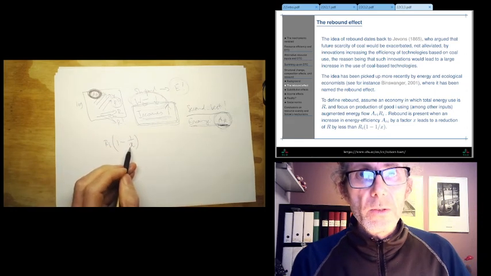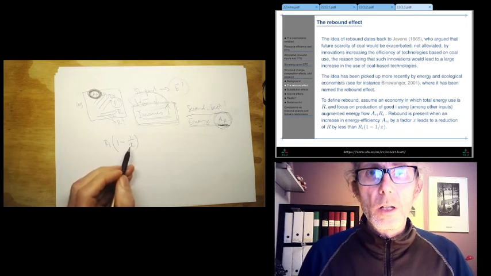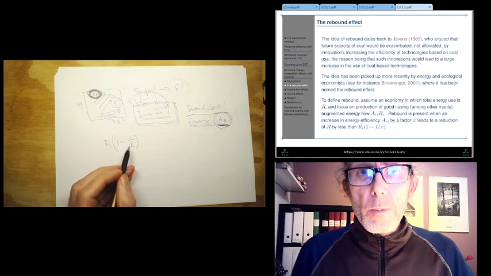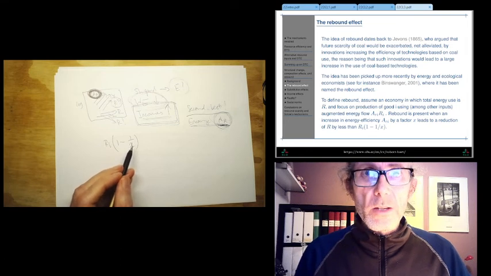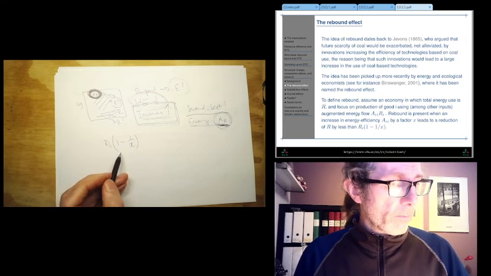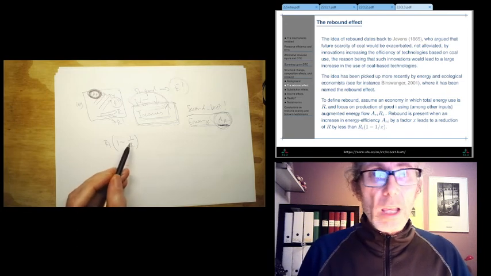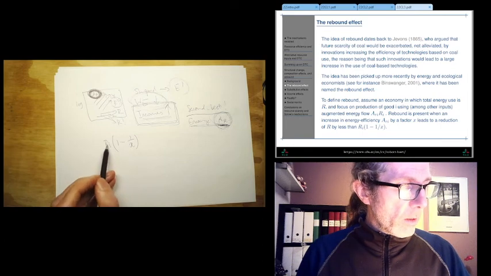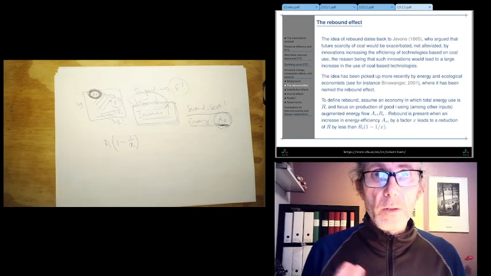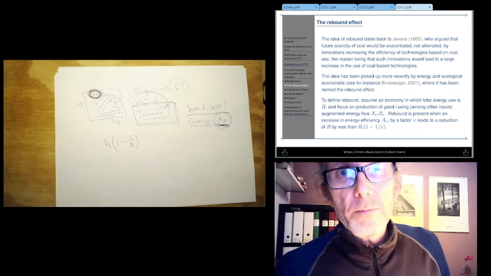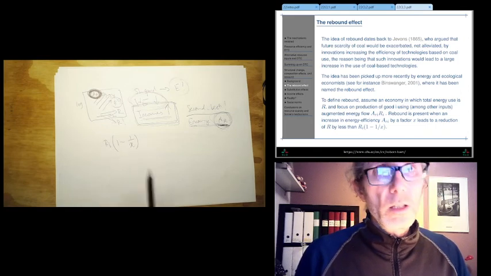So if X is 1, a factor 1, that's no change, right? If X is 1, then Ri, 1 minus 1, that's naught. So if there's no change in energy efficiency, then we're going to see no change in R.